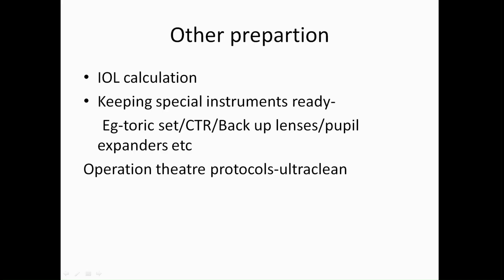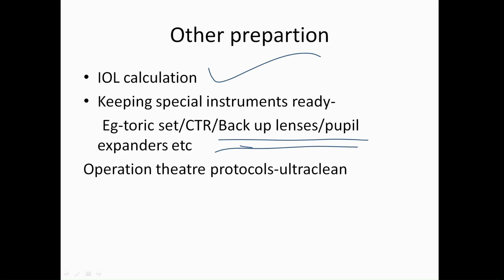Other preparations which need to be done, which are essential, because if you are placing an intraocular lens, we should know which type of IOL you need to put. Depending on the type of IOL, the A constant, we calculate the power of the IOL, keeping special instruments ready if there are some other complications, local complications like zonulolysis.